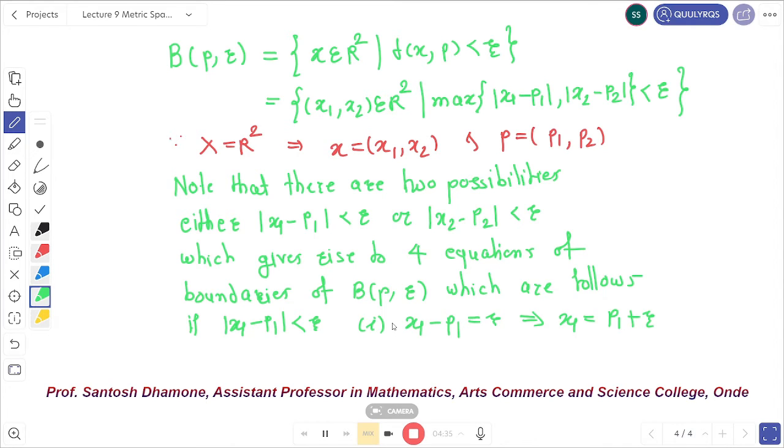Second, minus x1 plus p1 is equal to r, which implies that x1 is equal to p1 minus r.